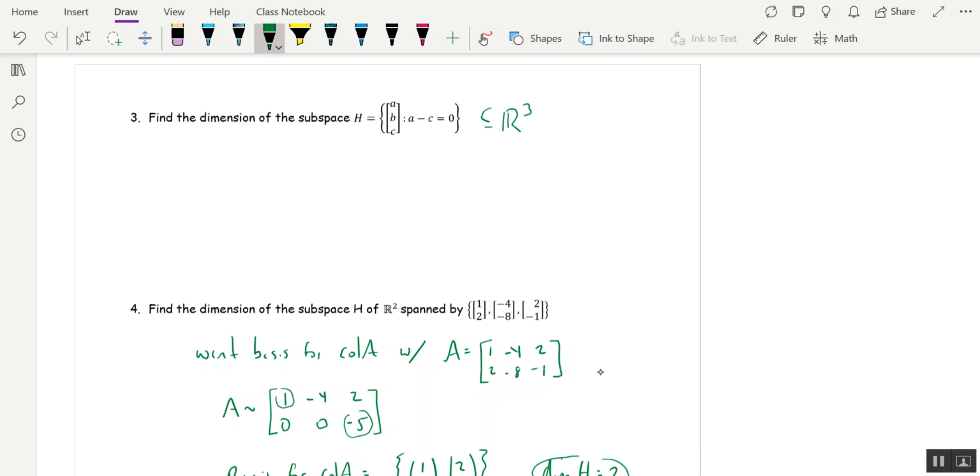So whenever I see an equation, I'm not thinking Col A, I'm thinking Null A. So in this case, H is actually equal to Null A, where A is the matrix of those, think of this as a linear system. This is 1, 0, -1. And when you find Null A, you're looking at solutions to Ax equals 0.